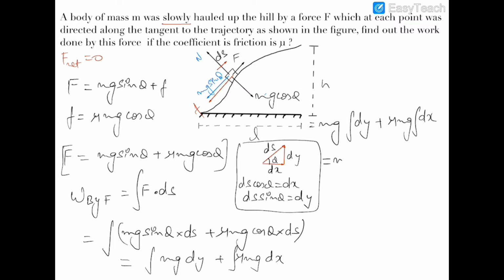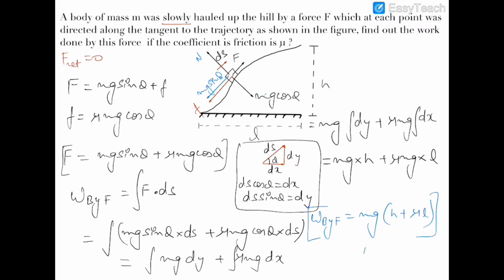Now mg into integration dy: integration of dy will be h, obviously, the total height, and mu mg into integration of dx will be L. So work done by this force will be equal to mg, which is common, h plus mu L. This is the answer.